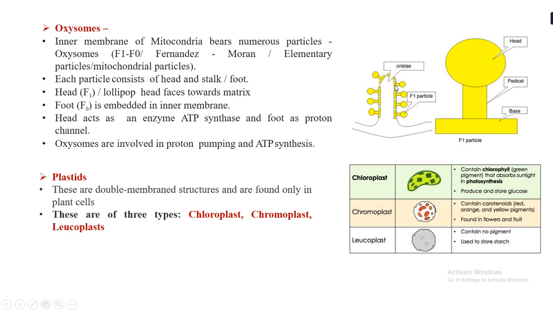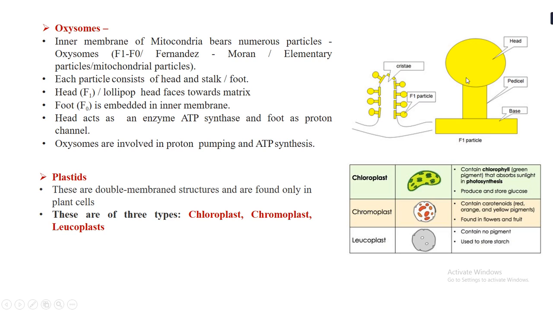So if you see, this is the crista, this is one fold. On this fold you will see the oxysomes are attached, where the head faces towards the matrix that is enclosed in the inner membrane of the mitochondria, whereas the foot is embedded in this inner membrane.